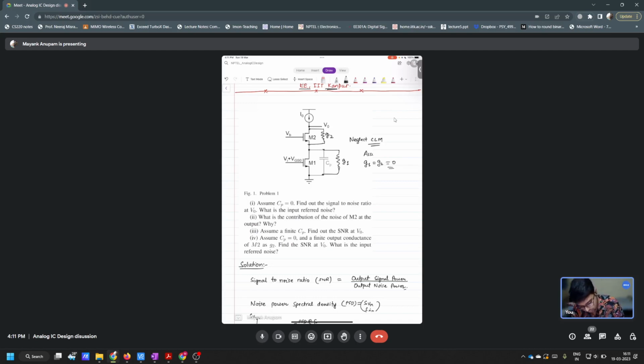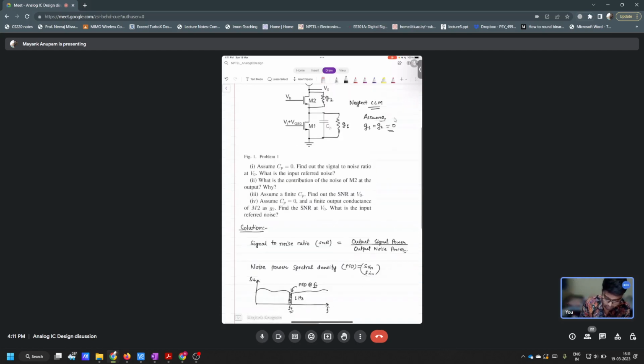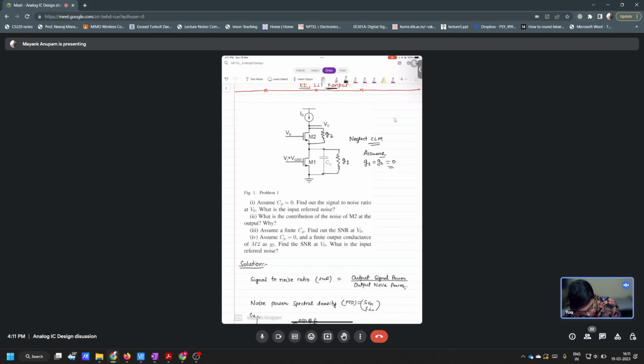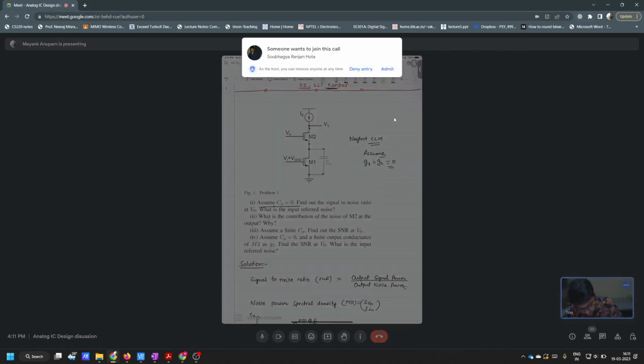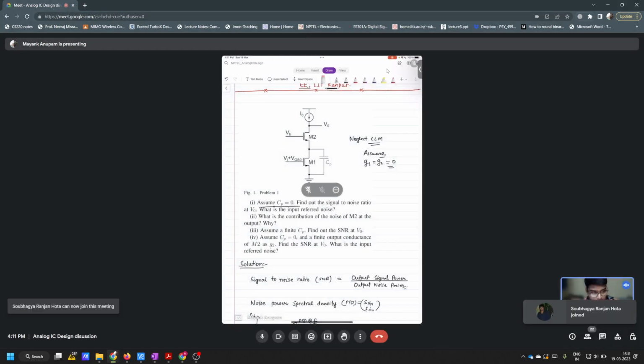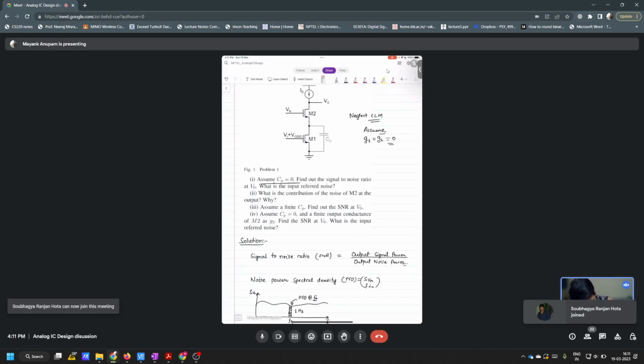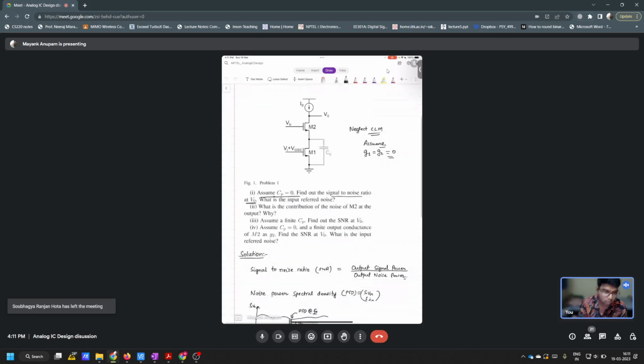Assume CP is equal to 0, so this is also not there, and G1 and G2 are not there, so nothing remains. In that case, find out the signal to noise ratio here at V0. What is the input referred noise? So how do we proceed with this question? Anyone, any idea?